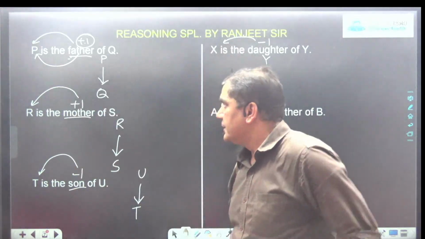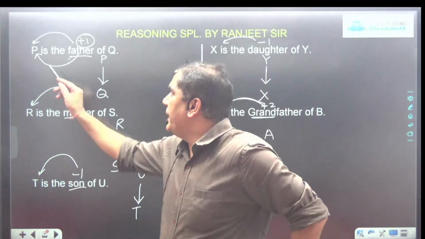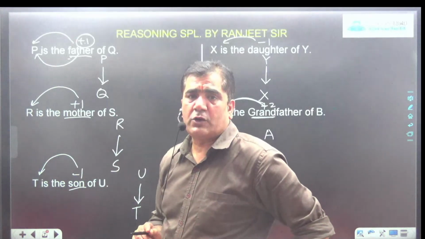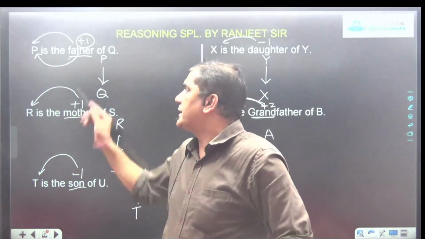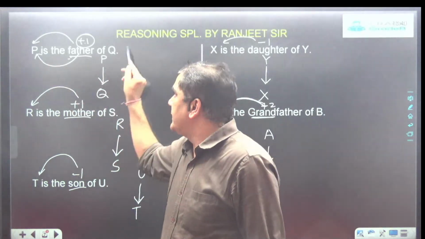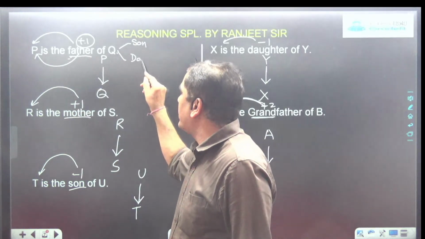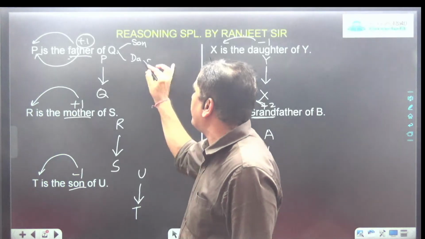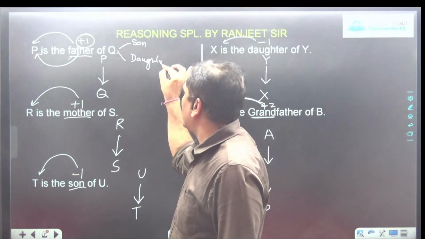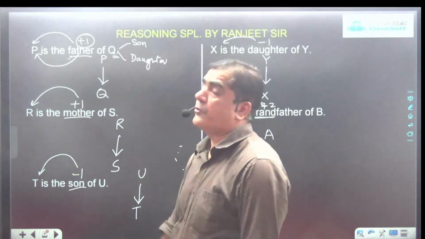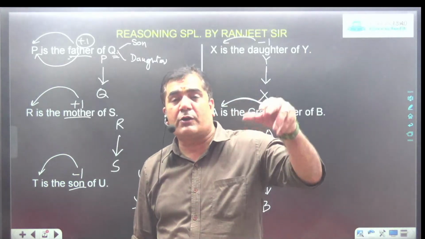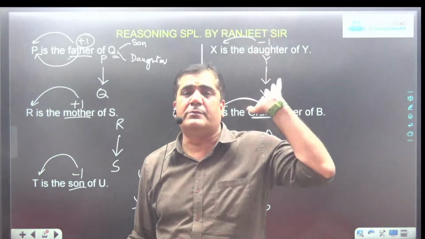Clear? Now here, they have given P is the father of Q. So who is the father? P. Q can be either son or daughter, which means Q can be either male or female. So I can't assume the gender of Q. Never assume the gender of any variable in the problem.